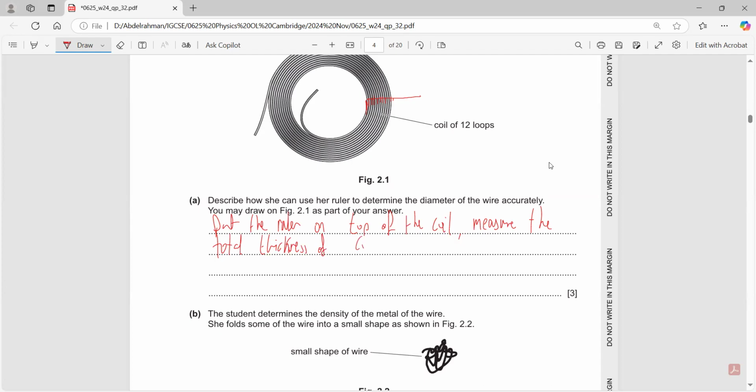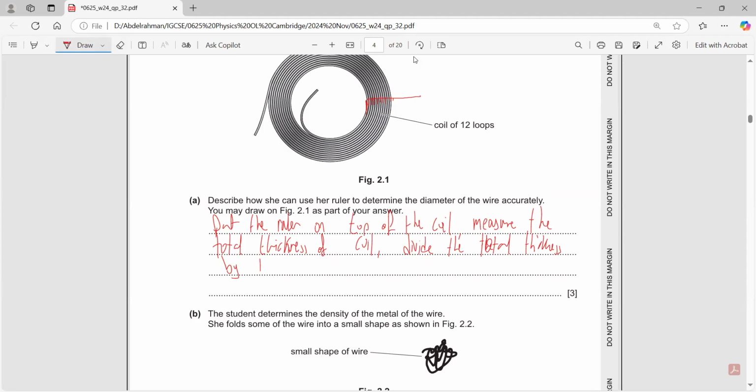Measure the total thickness of the coil, and then divide the total thickness by the number of coils, which is 12.